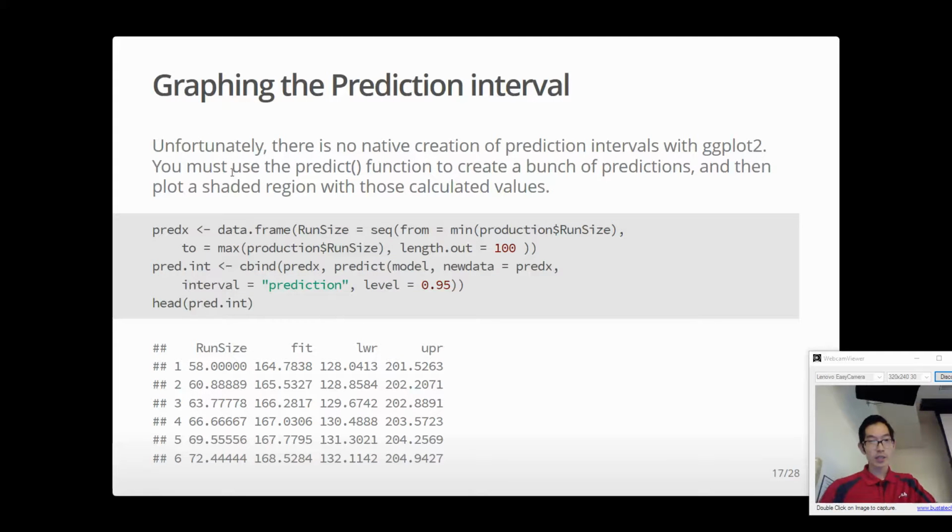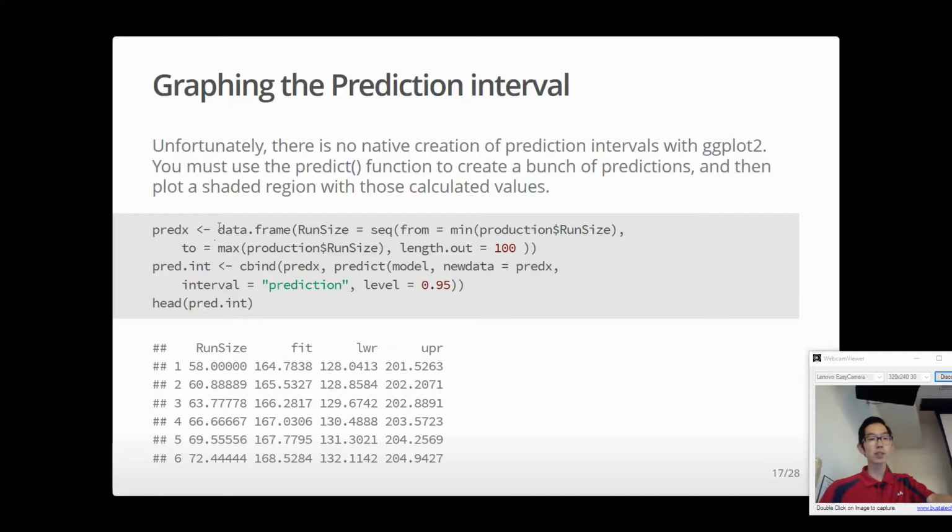If we want to graph it, though, there's no nice native function. You can't just do ggplot and add the prediction interval. That doesn't exist for us. So we have to create the prediction intervals ourselves, and this is code to do that.